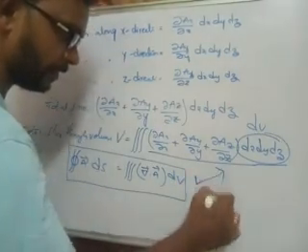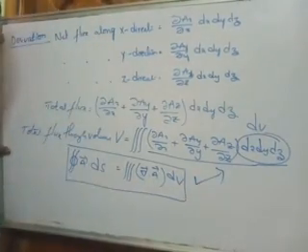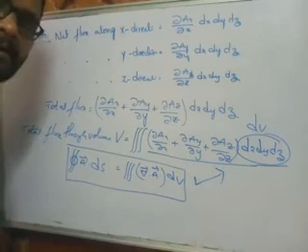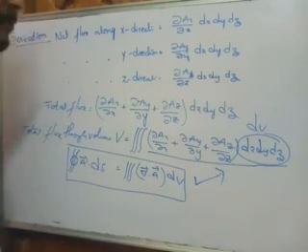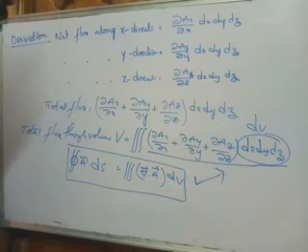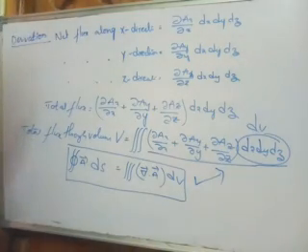So this is the resultant equation, the Gauss divergence theorem.